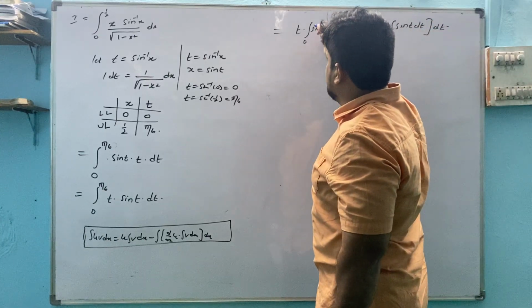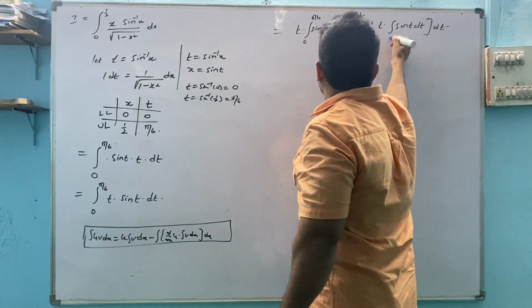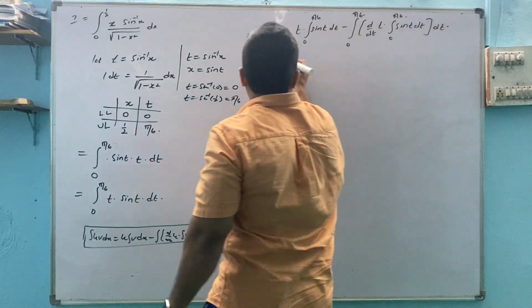Wherever we have these values 0 to pi by 6, at the end we will substitute the value.